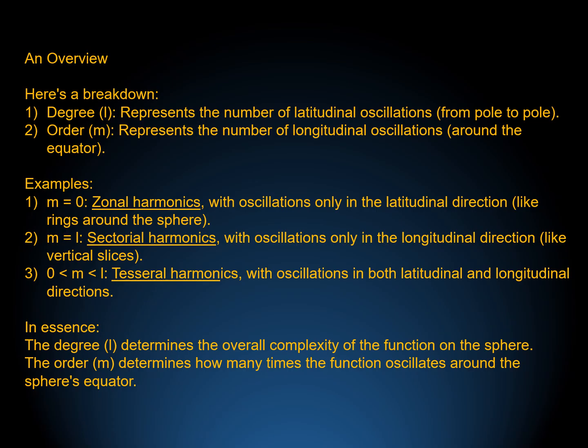M represents the number of longitudinal oscillations around the equator. In essence, the degree L determines the overall complexity of the function on the sphere. The order M determines how many times the function oscillates around the sphere's equator.